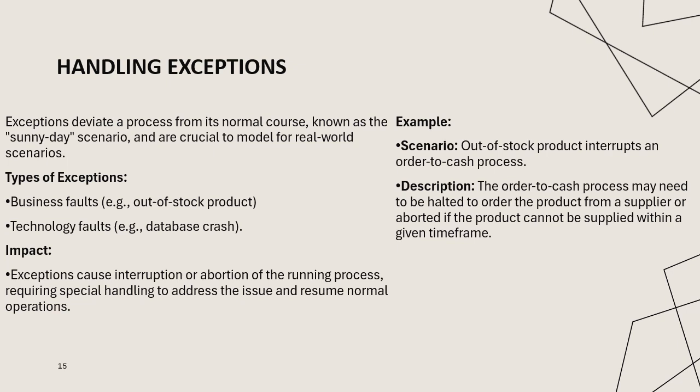For example, in an order to cash process, if an out of stock product is encountered, the process may need to be paused to reorder the product from a supplier, or in some cases, aborted if the product cannot be supplied within a specified time frame.